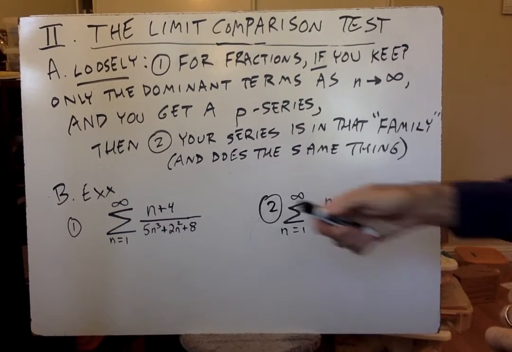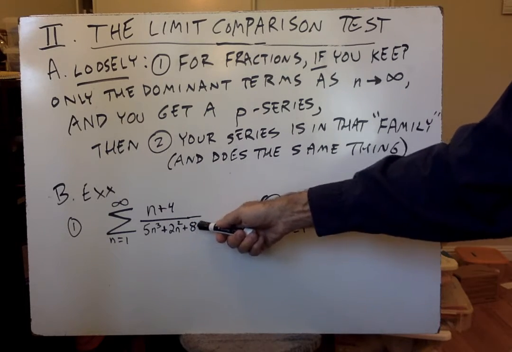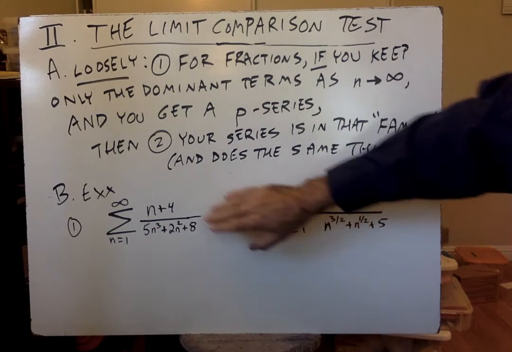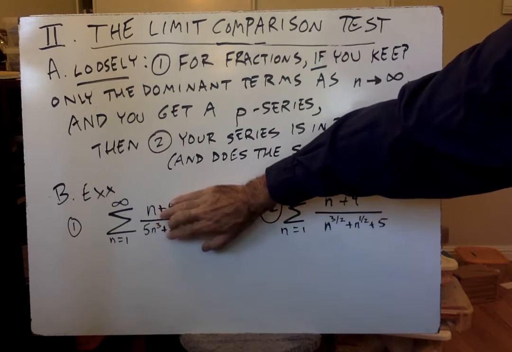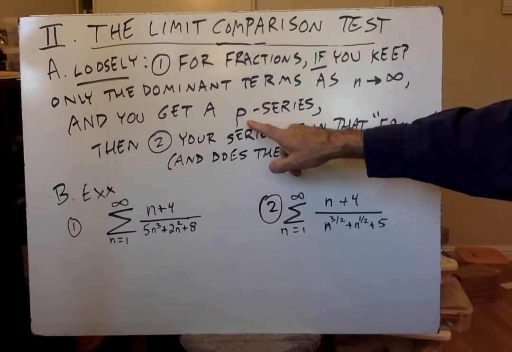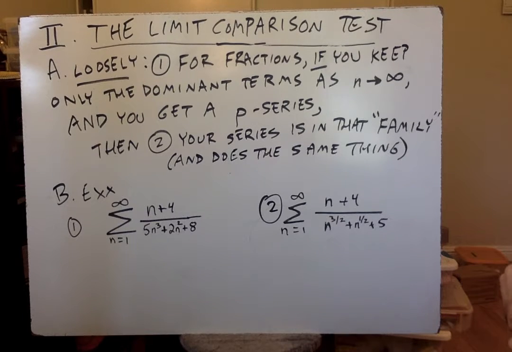It's only if you have the original function of the series be some kind of fraction, and when you simplify it, as n gets bigger and bigger, you keep the largest term on top and the largest term on the bottom, and if that then simplifies into a p series, then we can use the concept of the family that it's in. And you'll see on the next board that that doesn't always work. That's not always a thing you can do. So here's loosely what the limit comparison test tells you.